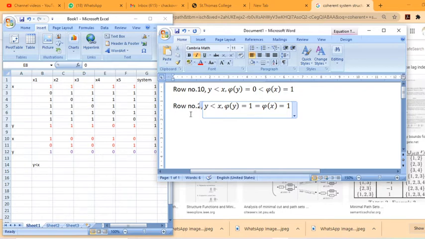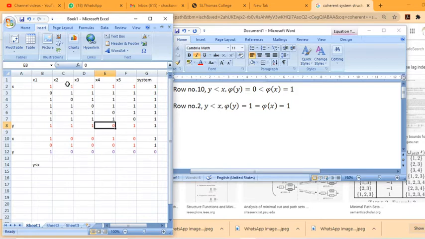So in row number 2, vector x is a path, and this vector is also a path. At the same time, this vector is not a minimal path, because if it were a minimal path, we should have phi of y equal to 0.